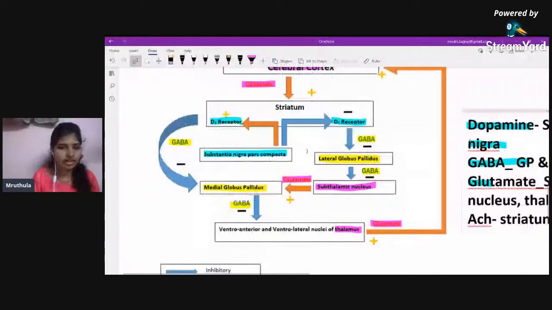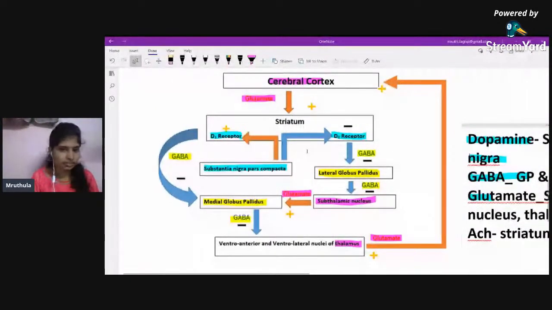When we learned about the synapse and neurotransmitters, we saw that there are two different types of neurotransmitters, the inhibitory and stimulatory neurotransmitters, right? Out of that, this glutamate is the only stimulatory neurotransmitter in this picture. Inhibitory is GABA. Then dopamine does both the activities. It can stimulate, at the same time it can also inhibit.